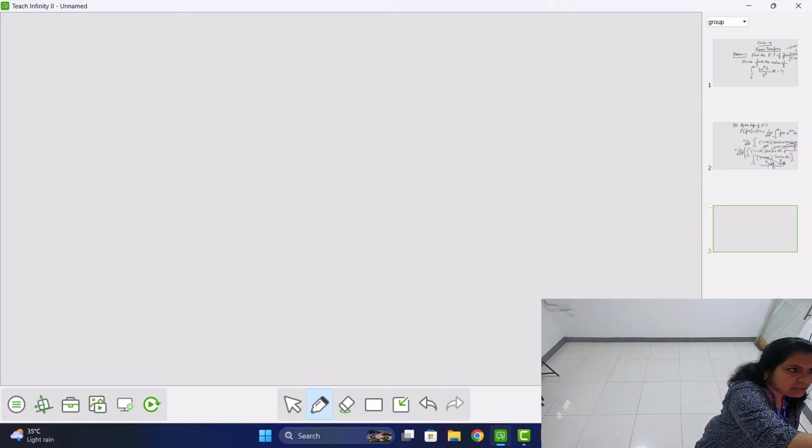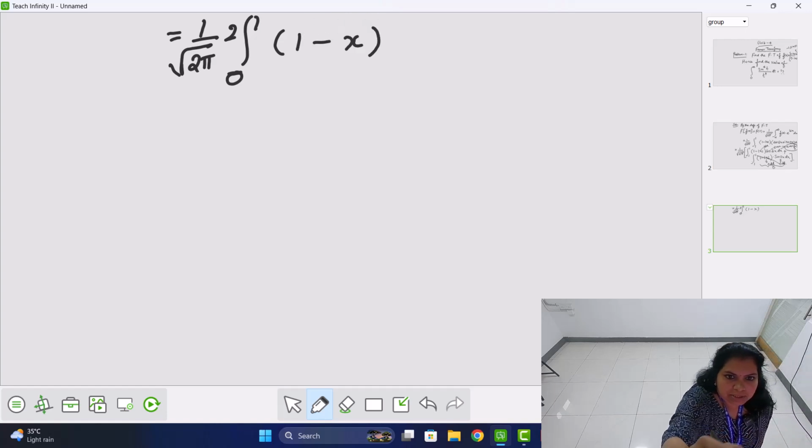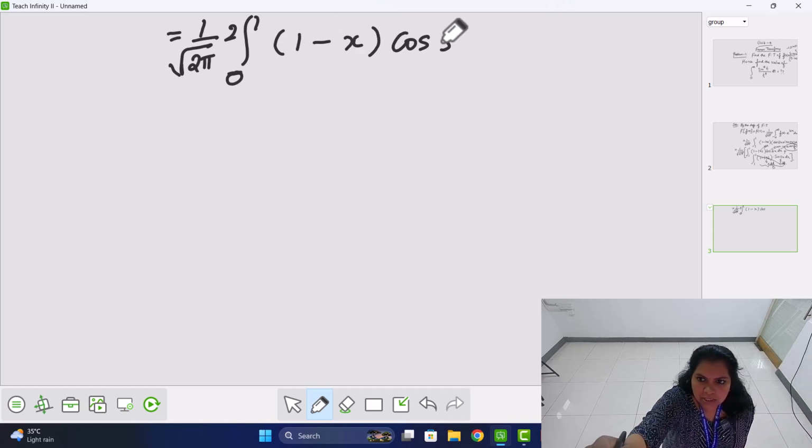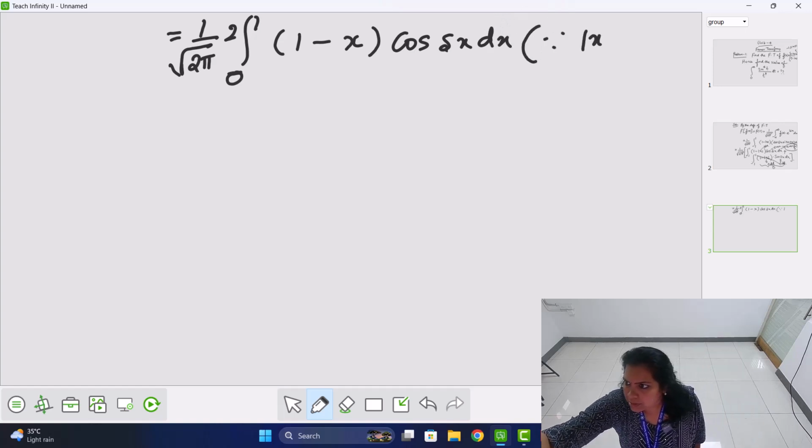Which is nothing but 1 by root of 2 pi, and the integral from minus 1 to 1 will become twice the integral from 0 to 1. 1 minus mod x will become 1 minus x, because mod x is an even function, and it becomes x because of cos sx.